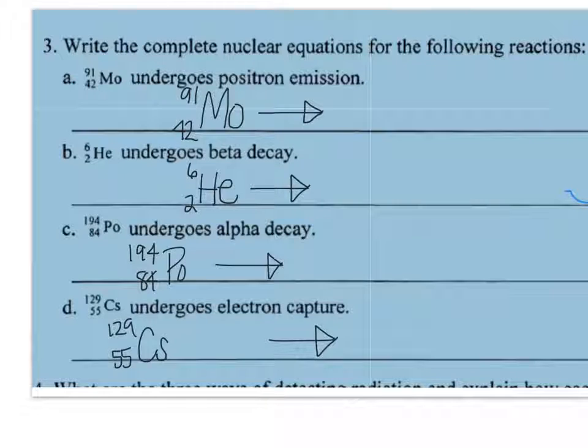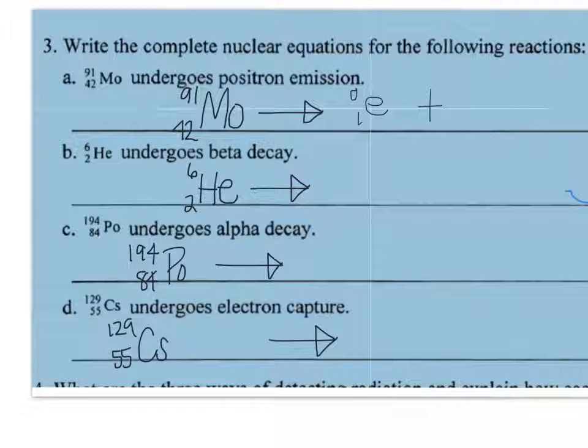So number 3 wants you to write the complete nuclear equations for the following reactions. So the first one is molybdenum-91 undergoing positron emission. And if you recall from positron emission, that means we basically have a positive electron. So we're going to do e and then 0 at the top. And then what's going to be left is we have to have our atomic number add up.